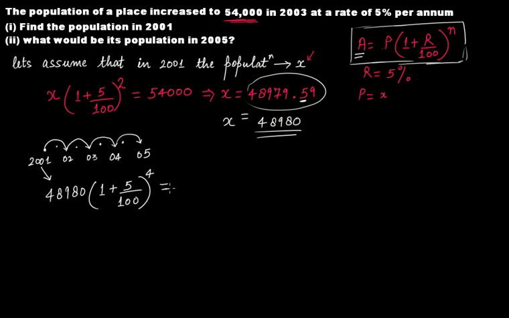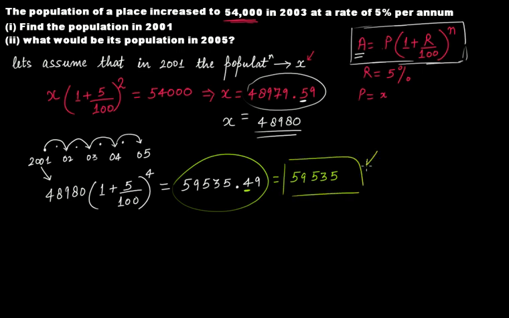Now if you calculate this, your value will come as 59,535.49. Since after the decimal point the first digit is 4, if you round it off you'll get 59,535.